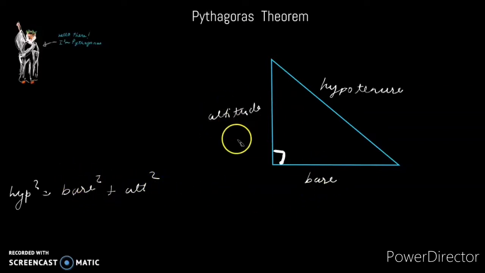If I name the sides a, b, and c, you can say that a squared plus b squared is equal to c squared. That's all about Pythagoras theorem. When you hear the name, you might think it's a big theorem, but this is the only theorem. Now let's solve a few problems to really understand the concept.